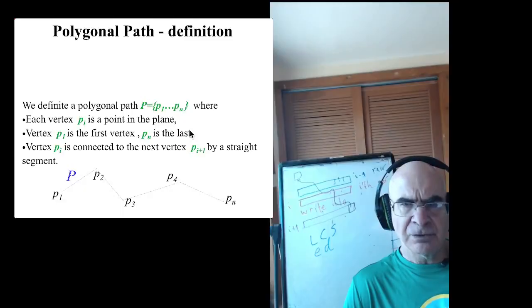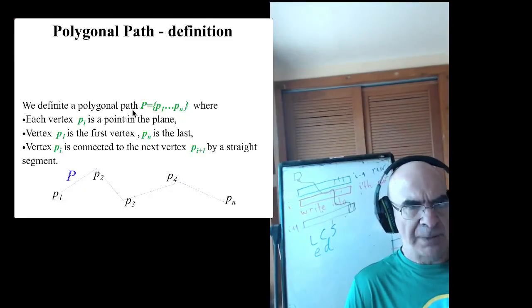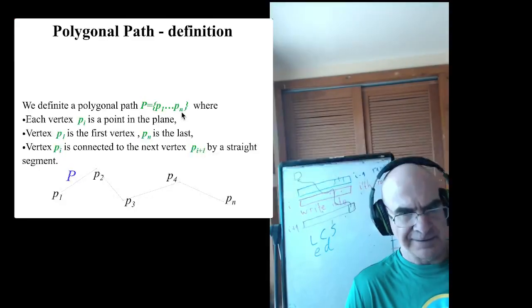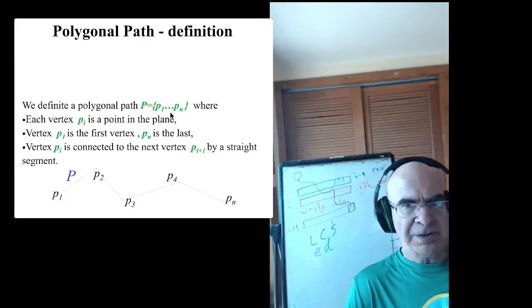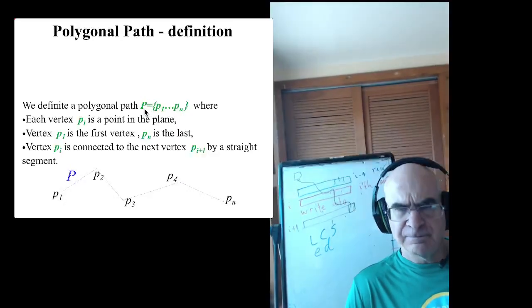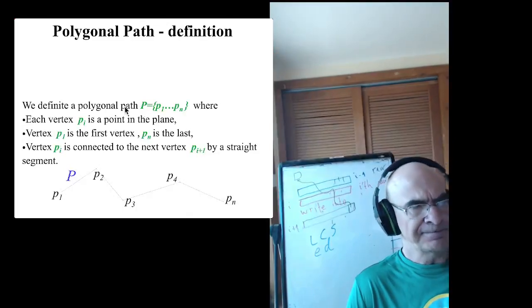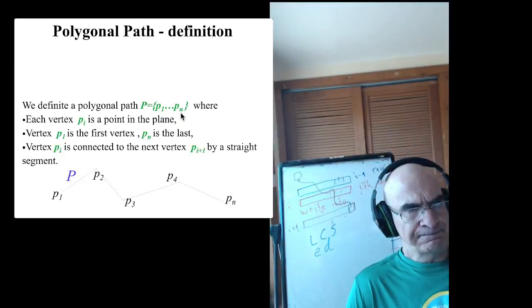And now we are going to talk about similarities between geometric creatures, to be precise. We want to talk about similarities between polygonal paths in a geometric setting. And they are going to be very similar, the same philosophies that we used for the edit distance and the LCS. So let me first define what a polygonal path is.